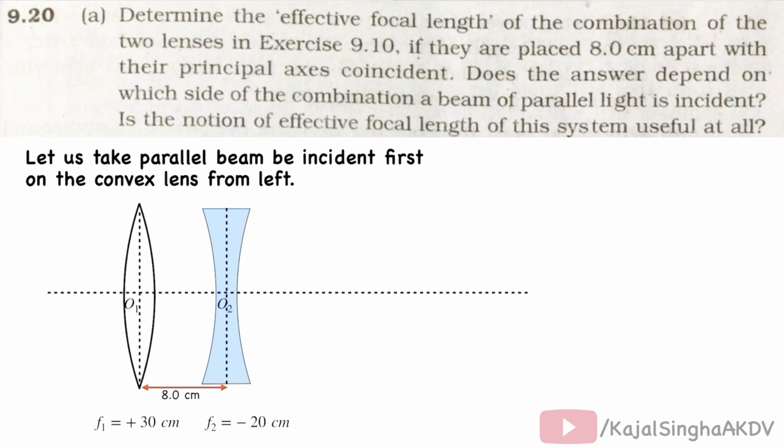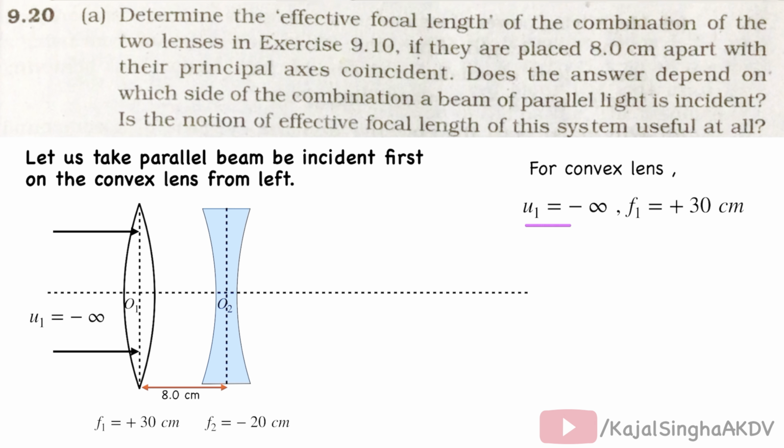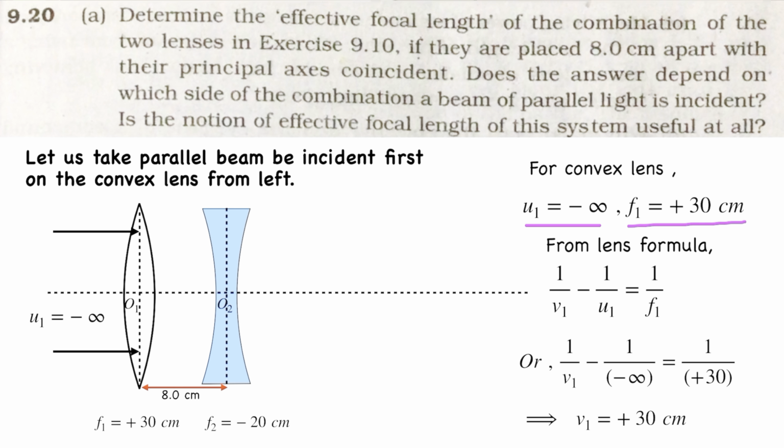Let at first the parallel beam be incident first on the convex lens from left. That is, for convex lens, u1 equals minus infinity and f1 equals plus 30 centimeter. So from lens formula, if we put these values, we get v1 equals plus 30 centimeter.